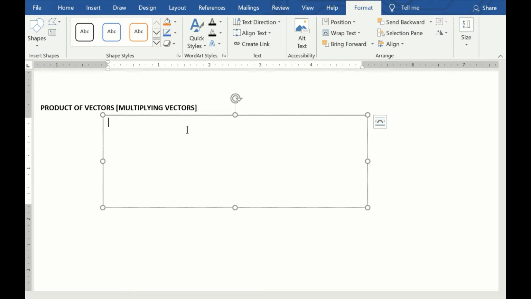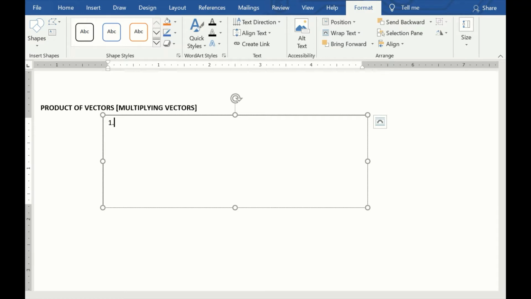In one way we produce a scalar, which we call the scalar product, while in the other we produce a new vector, which we call a vector product. I repeat that. There are two ways that we can multiply vectors.